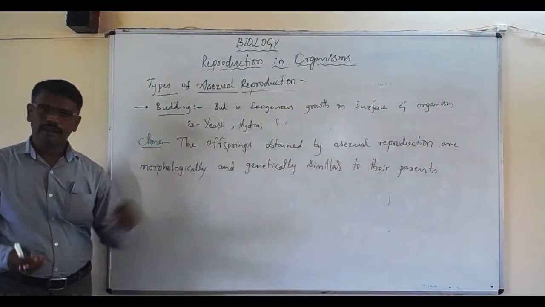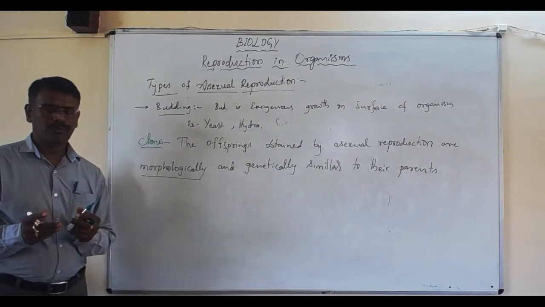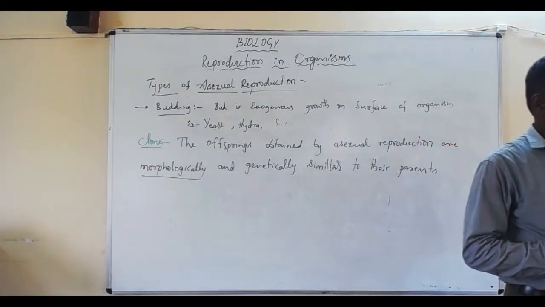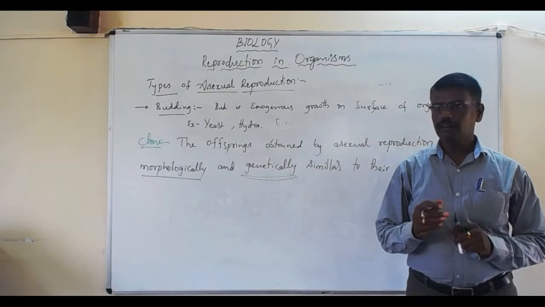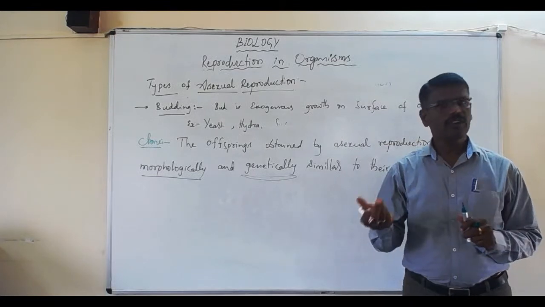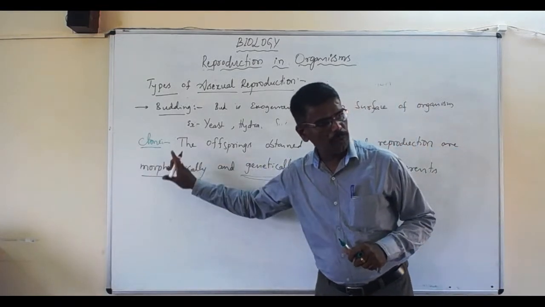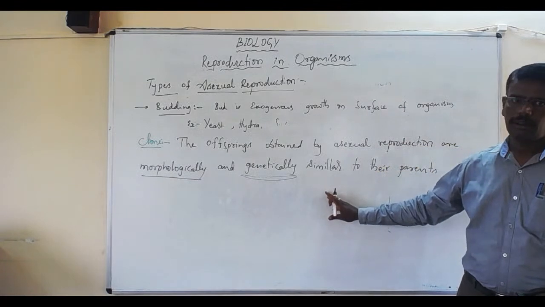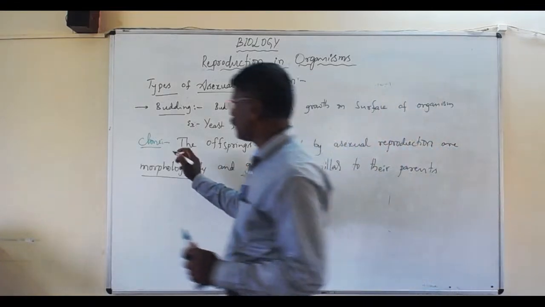The offsprings obtained by the asexual reproduction process are morphologically the same. The external features of the parent body and of the offspring are the same. Not only morphologically but also genetically. The genetic constituent, that is the DNA material, the genes, are shared by a single organism. So that's why a clone is nothing but the offsprings obtained by asexual reproduction that are morphologically and genetically similar to their parent. That is what we call a clone.